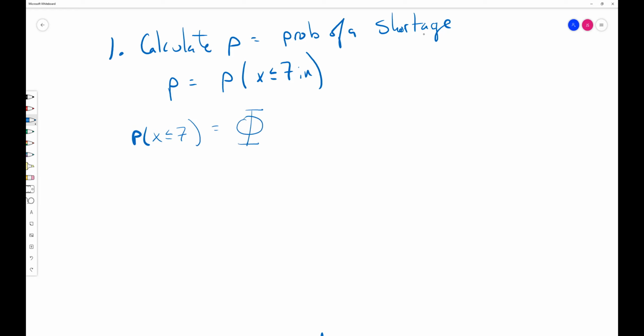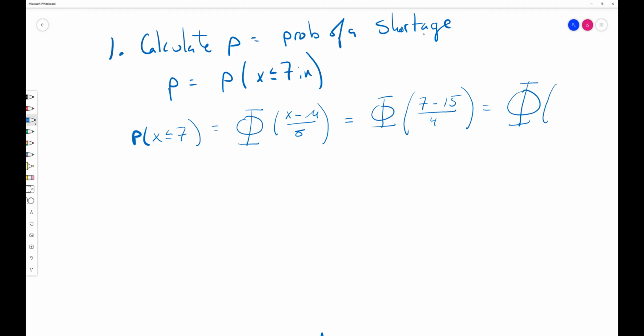Remember, phi is where we use the cumulative distribution function, (X minus mu) over sigma. In this case, X is 7. We're looking for less than or equal to 7, so we can just plug that in directly because we want that cumulative probability up to 7. So we'll do 7, the mean was 15, and the standard deviation was 4. And so this ends up being phi of -2.